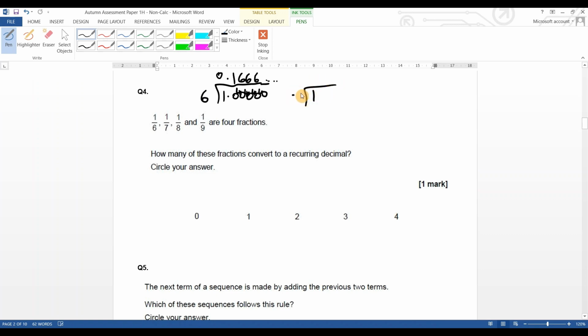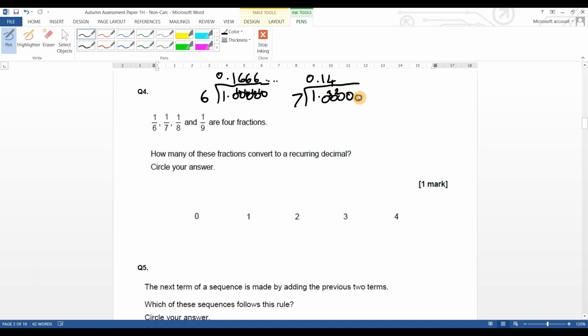1/7, let's try that. 1 divided by 7. Let's try it out. 7 into 1 doesn't go. 7 into 10 goes once, remainder 3. 7 into 30 goes 4 times, remainder 2.